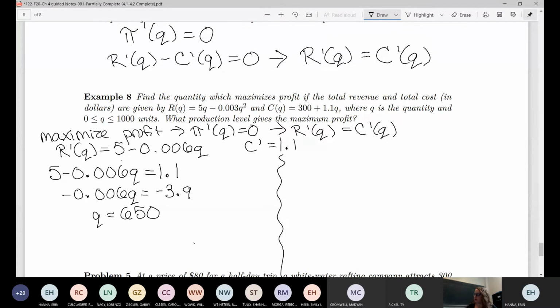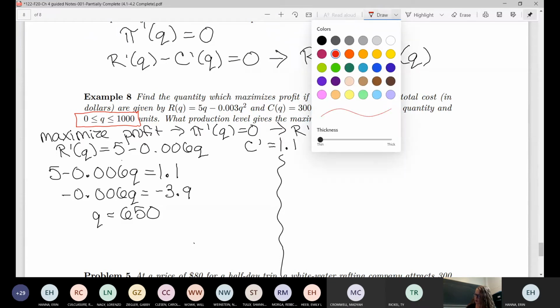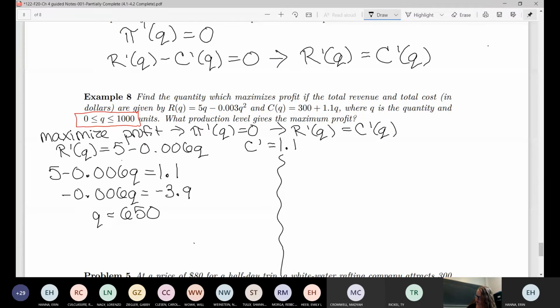So now we need to consider what type of interval we're over. Well, we're given an interval of 0 to 1,000, and it's a closed interval. So that's really nice. We don't have to do that number line again. We just plug in all of our endpoints and our critical points, and pick the highest number and the lowest number. We do need to be slightly careful here because we need to know what profit is at all of those points, but we can just do revenue minus cost.